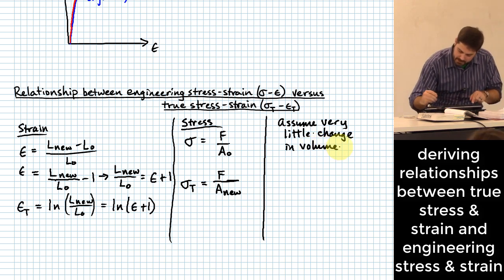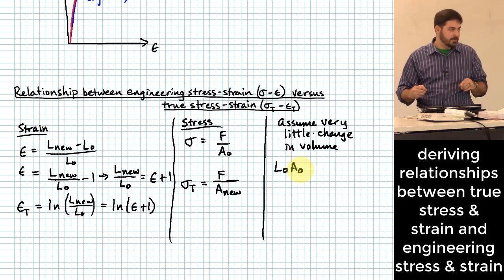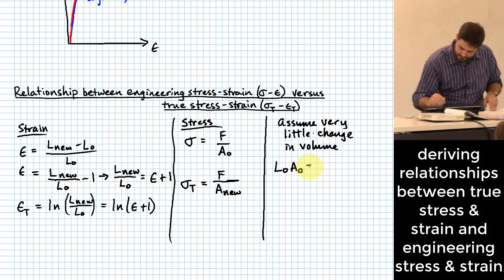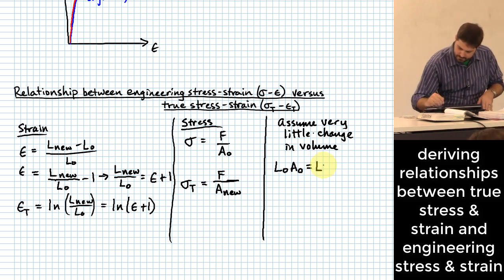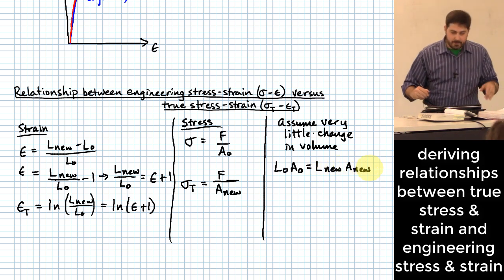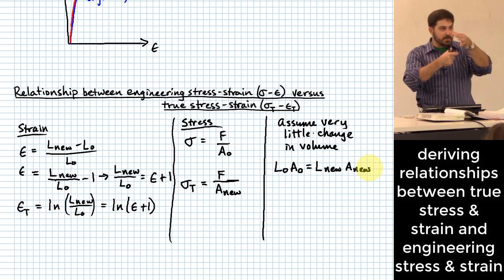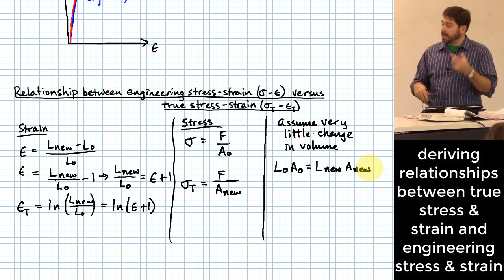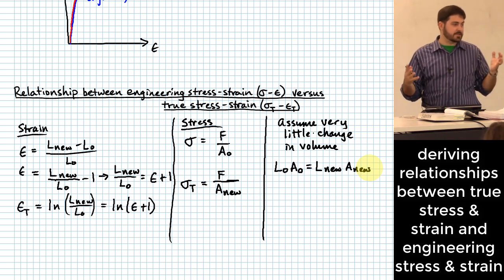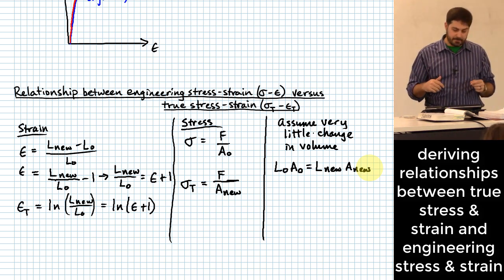So if that's the case, then our original length times the original area in the gauge portion should be equal to L new times A new, because we're just calculating the area of that cylindrical part right in the middle, the gauge portion of the material. And so the length times the cross-sectional area is the volume in both cases.